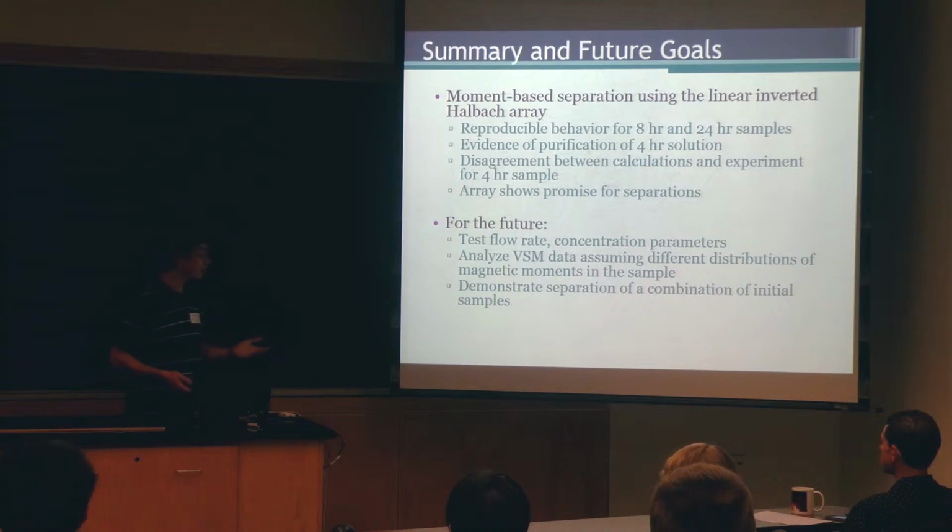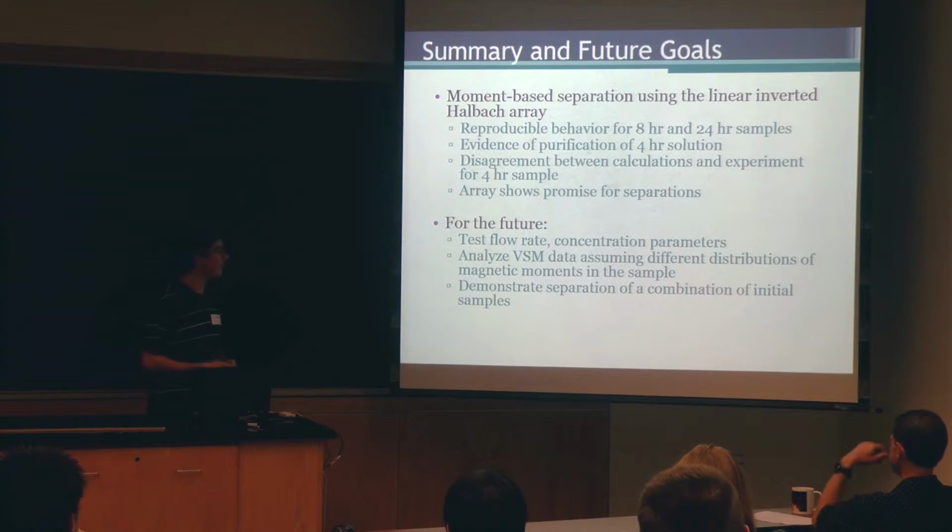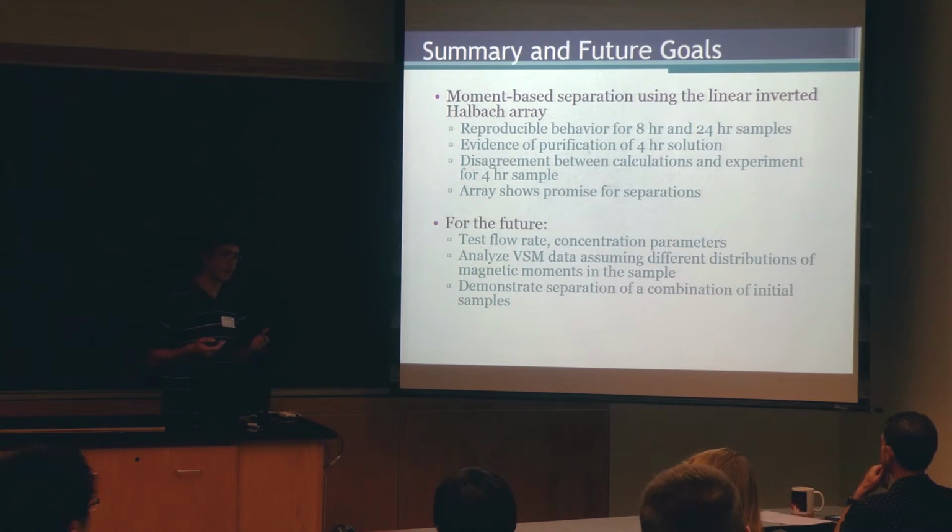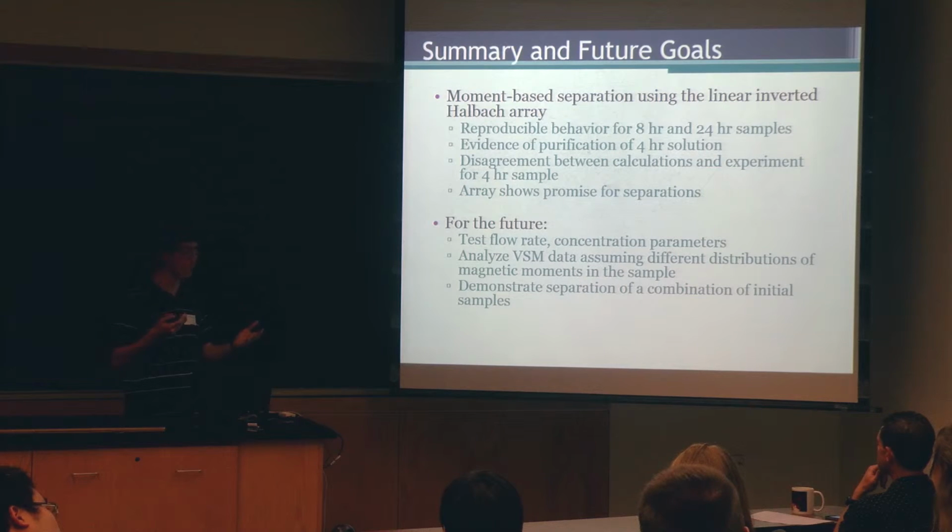In the future, we plan on testing, especially the 4-hour sample, to see if certain other parameters we have can be adjusted to allow for our expectations to line up with the actual experiment. We plan on testing the flow rate and the concentration parameters. And we also plan on analyzing the VSM data, assuming different distributions of magnetic moments other than the log normal distribution.